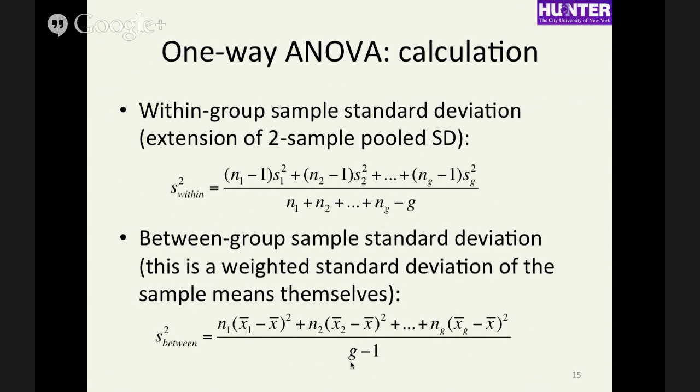Most of them are nominal, so you're going to use a chi-squared test. If you have 2 variables, one of them is nominal and one of them is continuous, then you can use ANOVA.